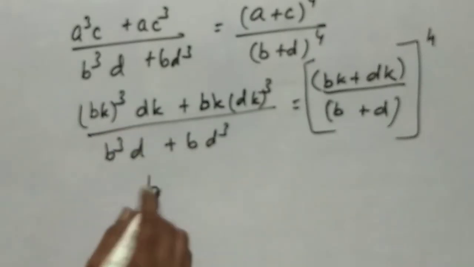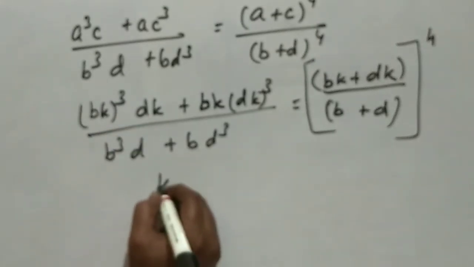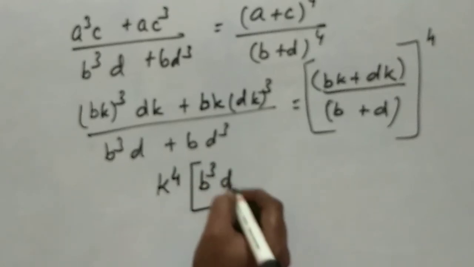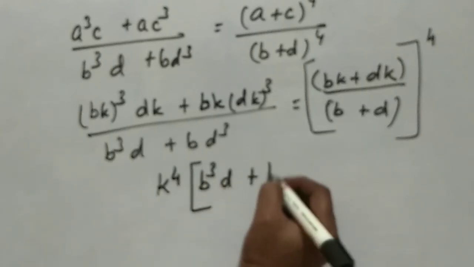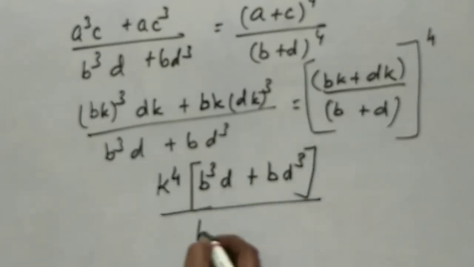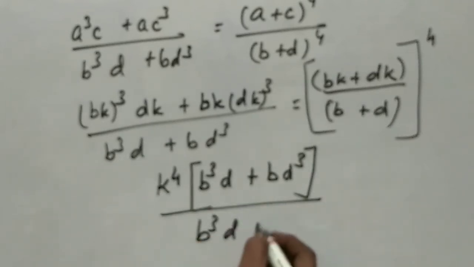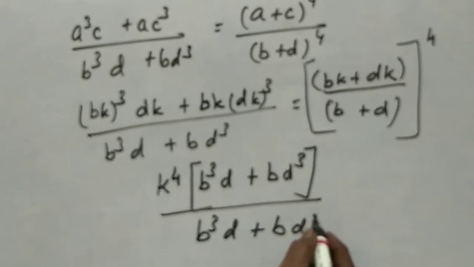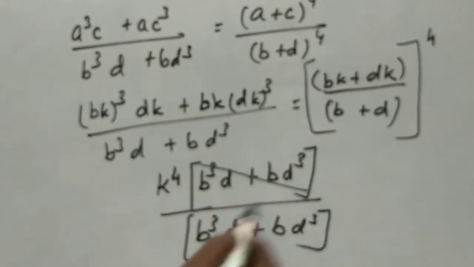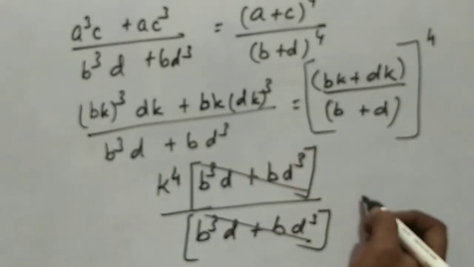We can take only k power 4, and in the bracket b cube d plus b d cube upon b cube d plus b d cube. Okay, now this bracket, same element, we can cancel it.